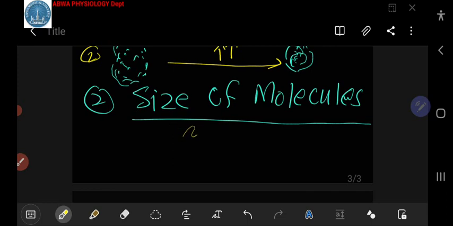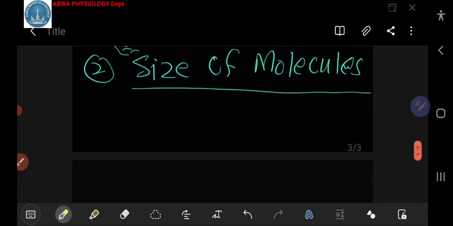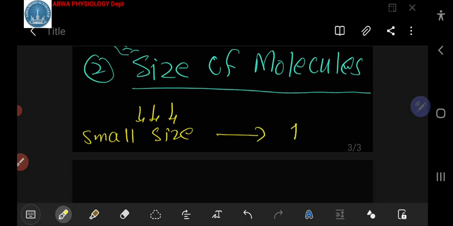It is very simple and obvious, and very much related to common sense. The smaller the size of the particle, the greater the rate of diffusion.